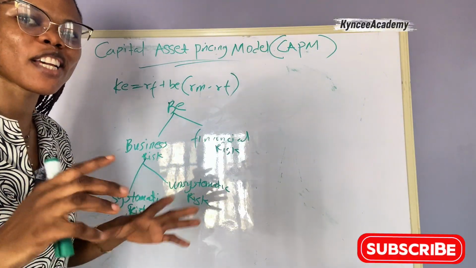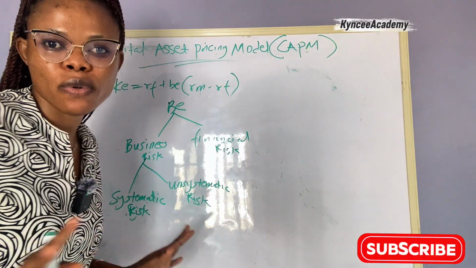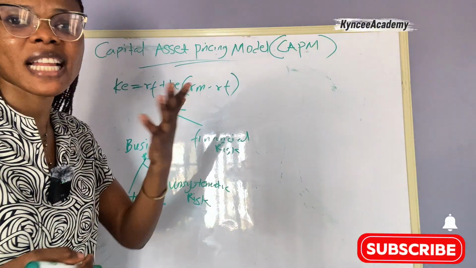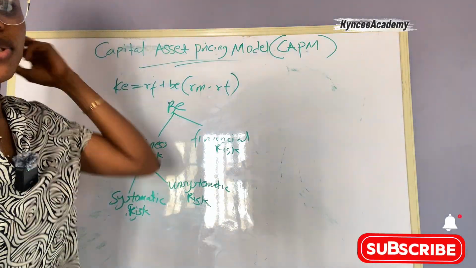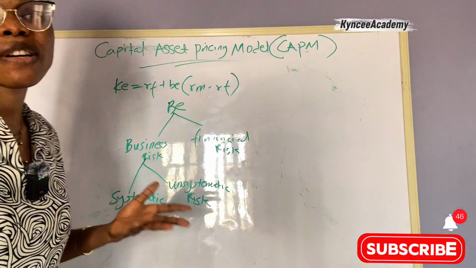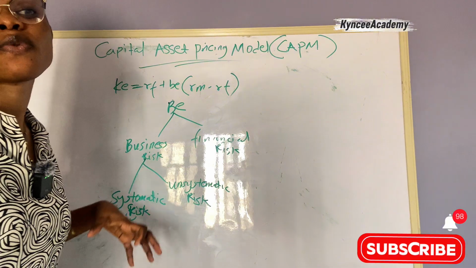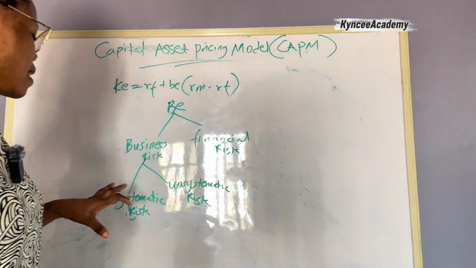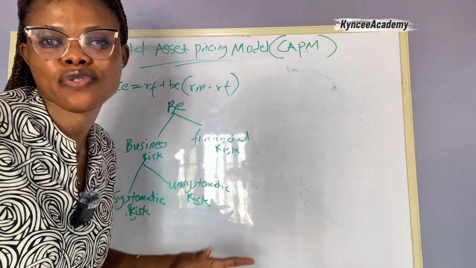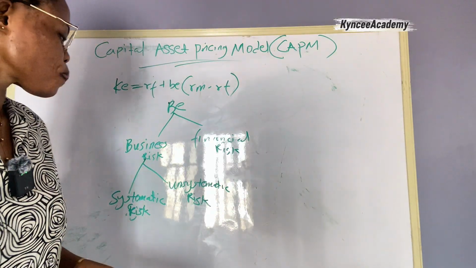It's like industry-based risk. A perfect example is government regulations. Of course, a particular industry has its own regulations, and when such regulations are not adhered to, those companies tend to face it. So these systematic risks are peculiar to the industry, to all the companies in the whole of that industry.